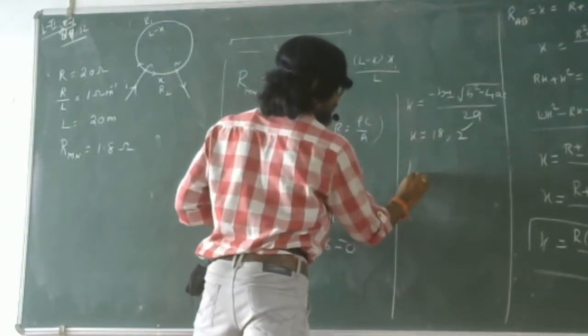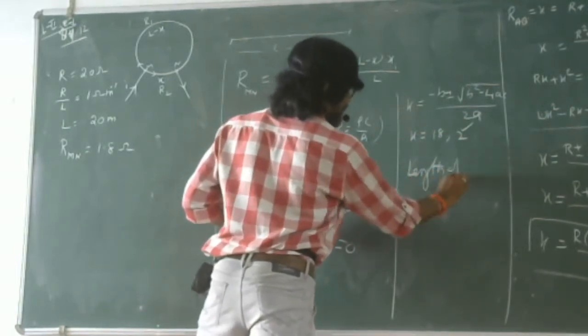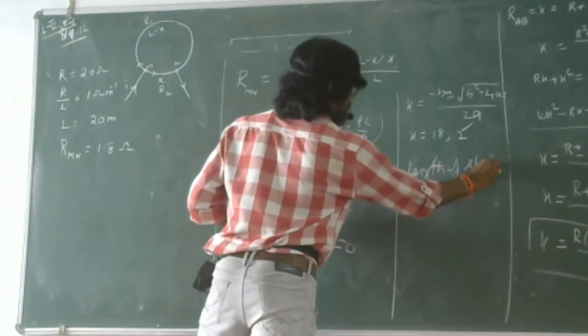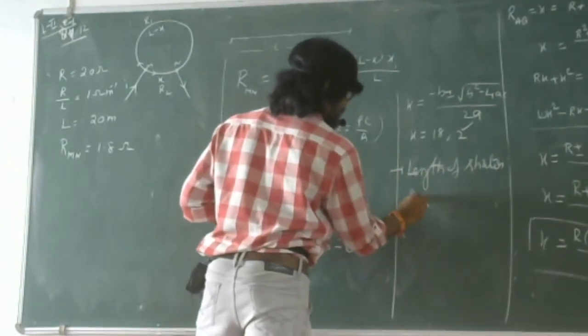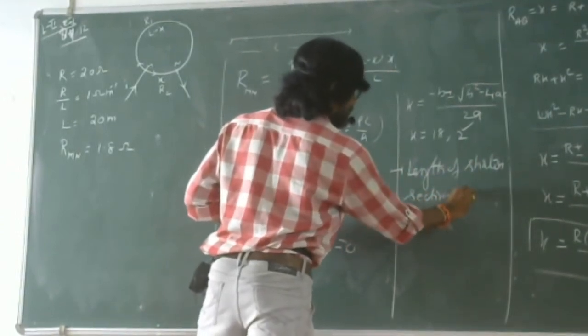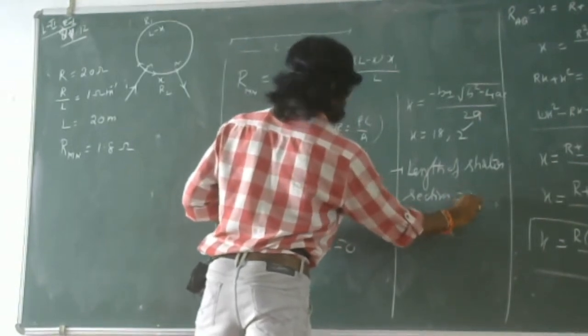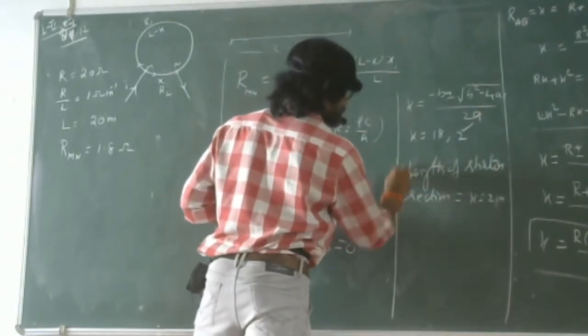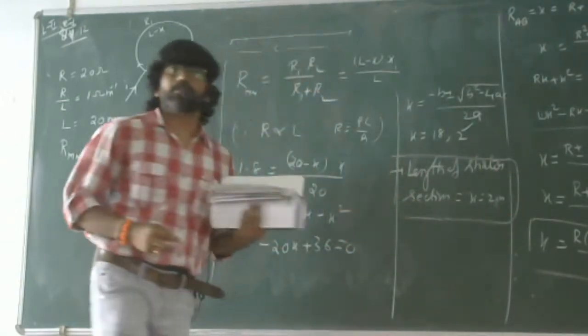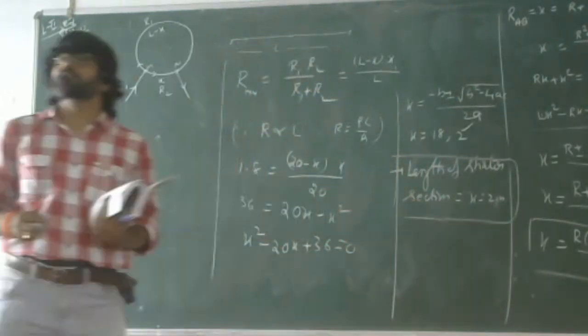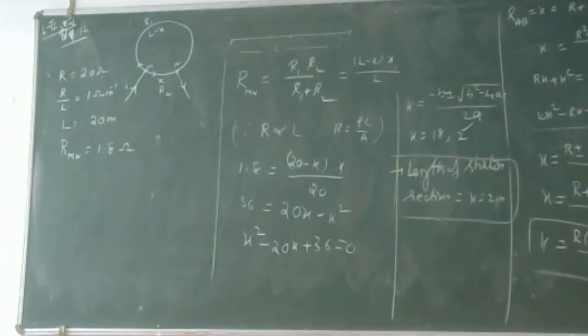Length of shorter section is equal to x is equal to 2 meters. Right? This is how you have to work out this kind of question.